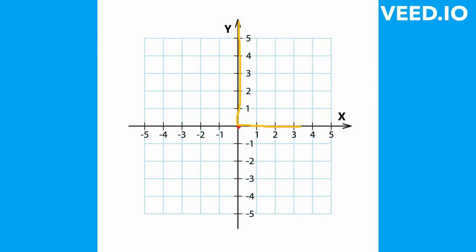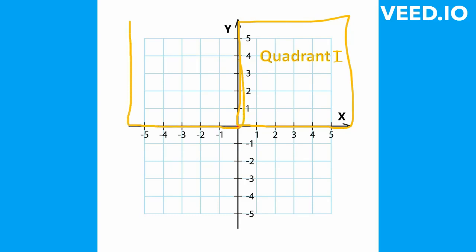The area that is enclosed by the positive x and positive y axes is called quadrant 1, denoted by a Roman numeral. The area enclosed by negative x and positive y is quadrant 2.